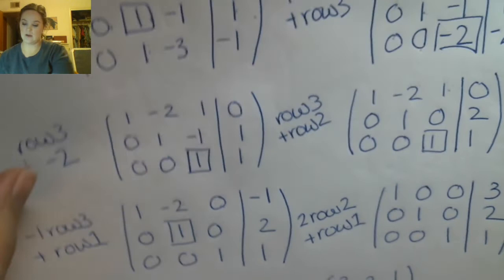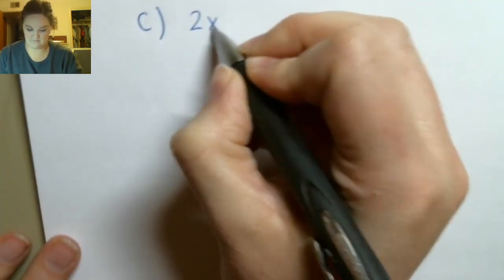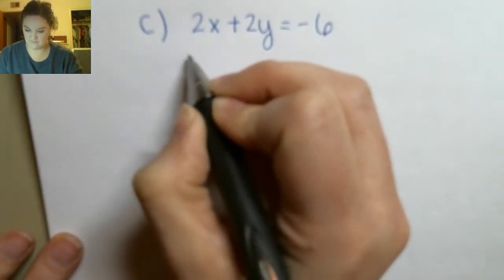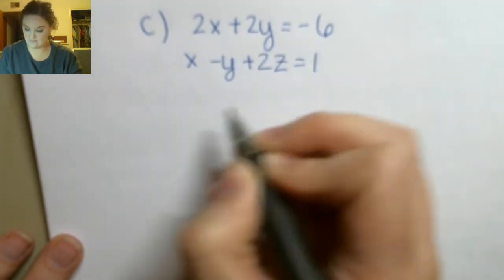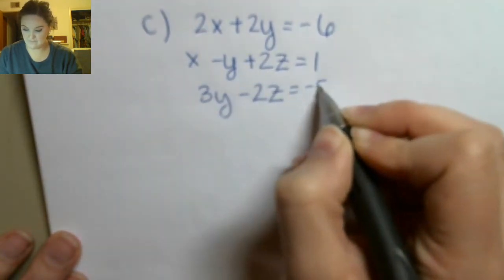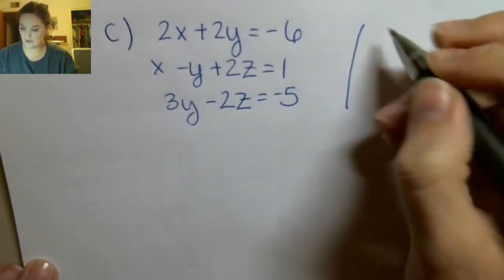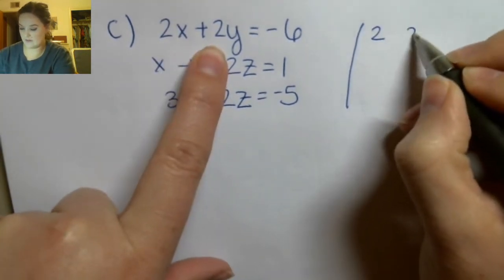Okay, all right, let's do one last normal example. I wanted to remind you with this one that when you're making your augmented matrix, you have 2 as a coefficient for x, 2 as a coefficient for y.